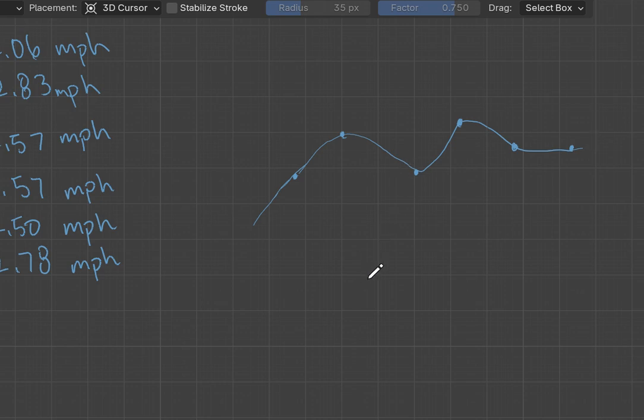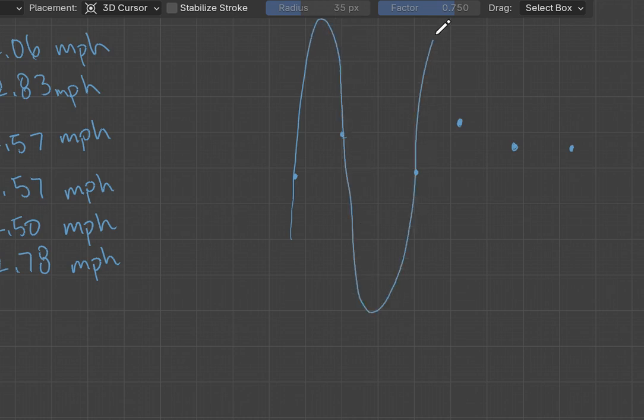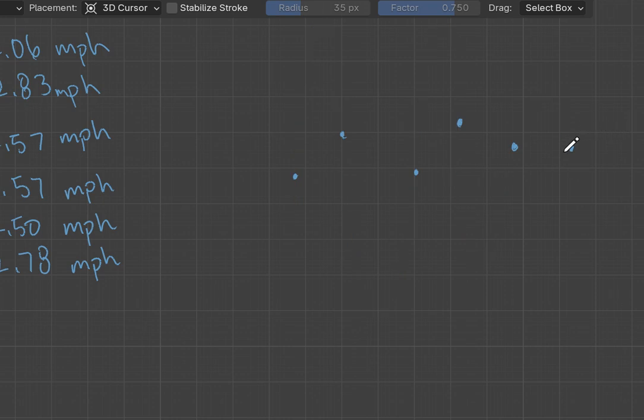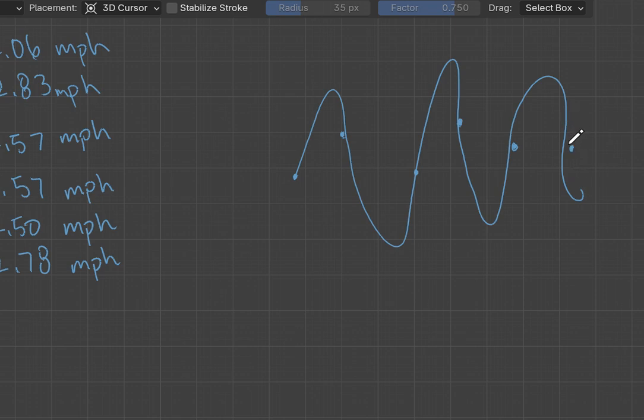Now it may look like this. It may look like this. I keep missing that last point.